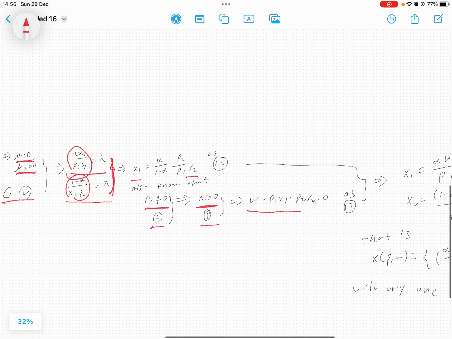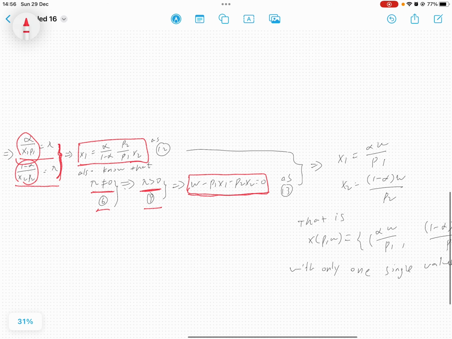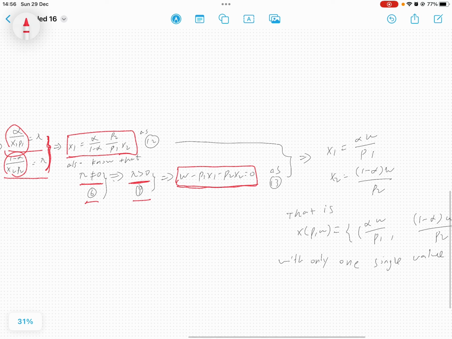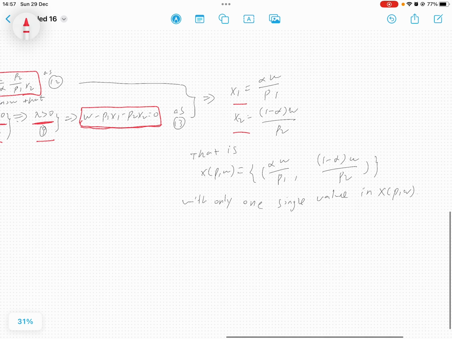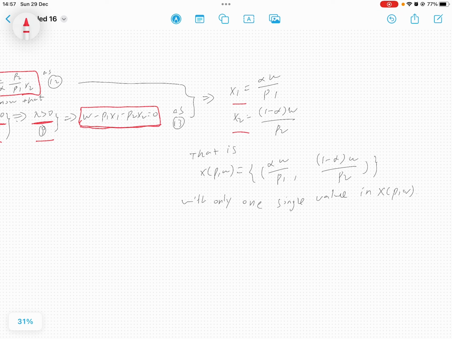So we have this part to be 0, and then we use the relationship between x1 and x2 and this constraint here to be binding, and we use those two, which is just a system of two equations with two unknowns, and then we can solve for x1 and x2 respectively. So x1 will be alpha w over p1, and x2 will be 1 minus alpha w over p2. So that will be the only solution that we have in this problem.